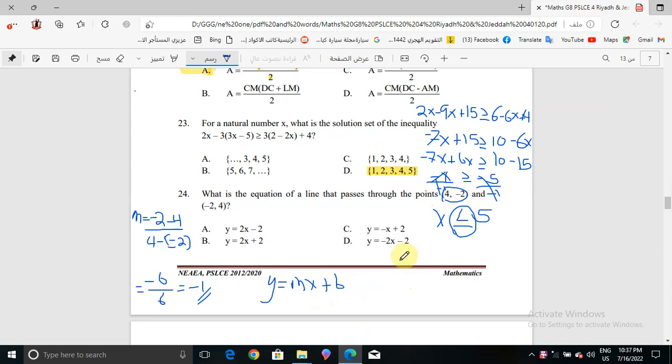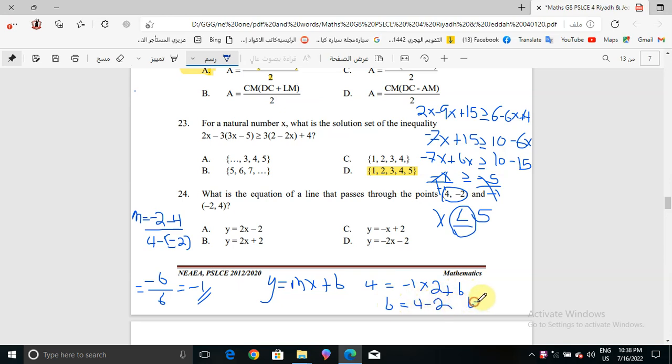So in place of y we'll put 4 is equal to what we have in m, negative 1, times 2 plus b, which means b is equal to 4 minus 2.